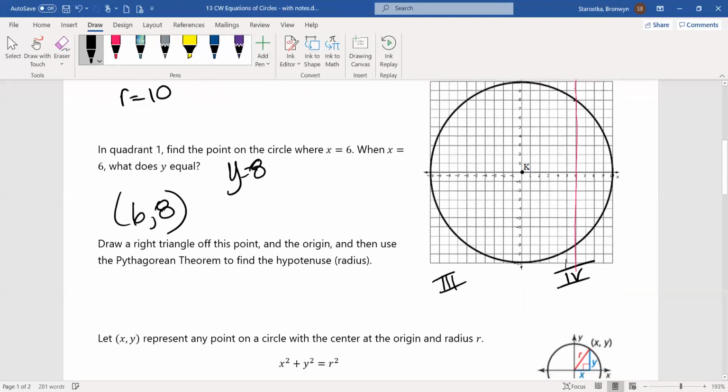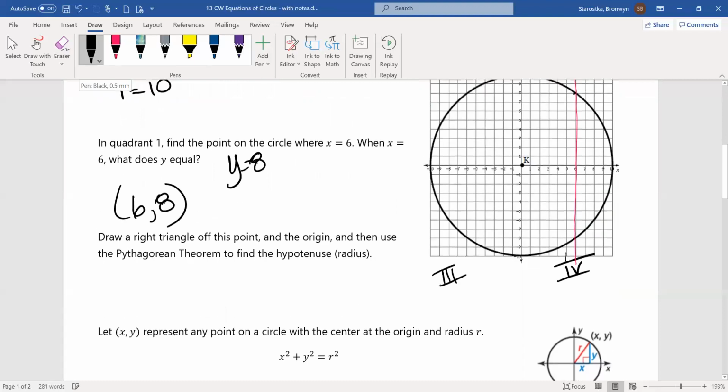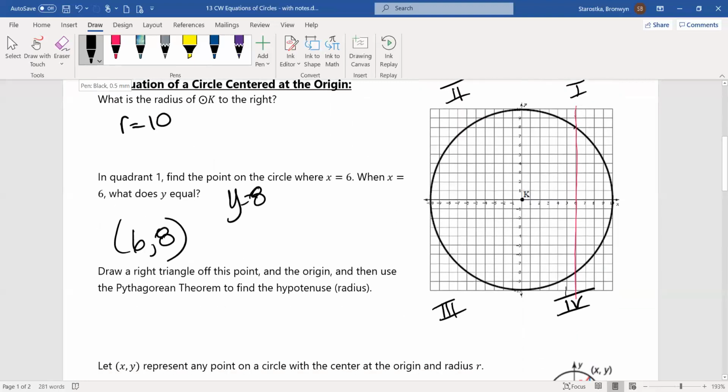It says draw a right triangle off this point and the origin and use the Pythagorean theorem to find the hypotenuse. So I'm going to go back to the red. Look at this. So let's use the Pythagorean theorem. This is a height of 8. This is 6.